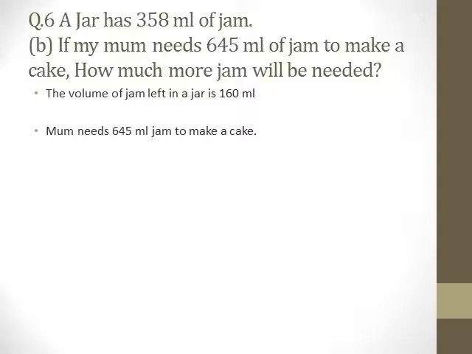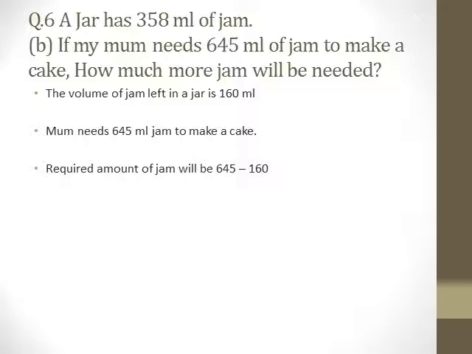If I subtract 160 from 645, I will get the answer, as we have only 160 right now and the total amount we need is 645. So I will do subtraction here.